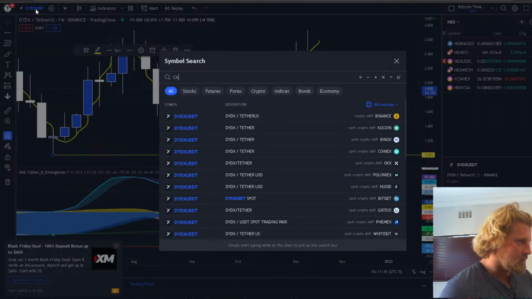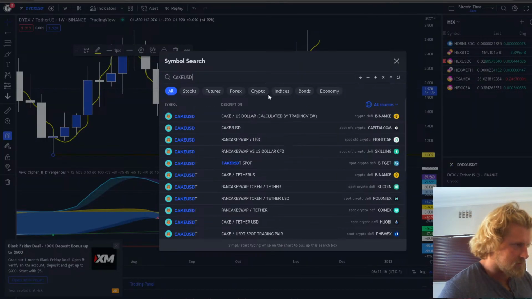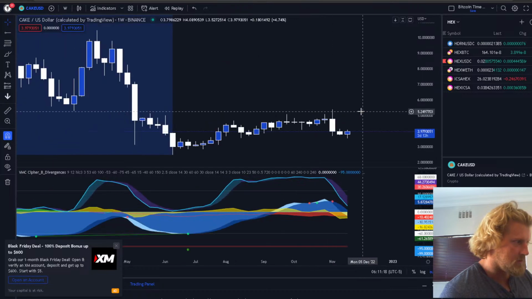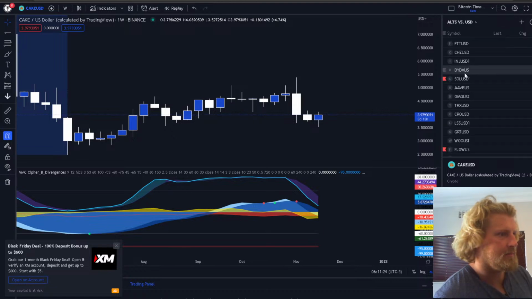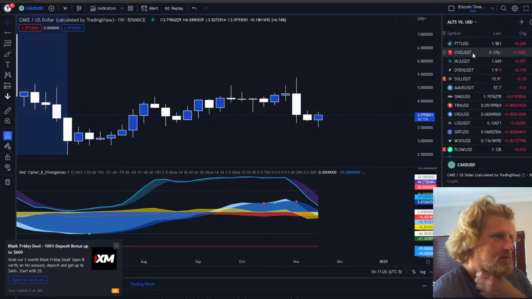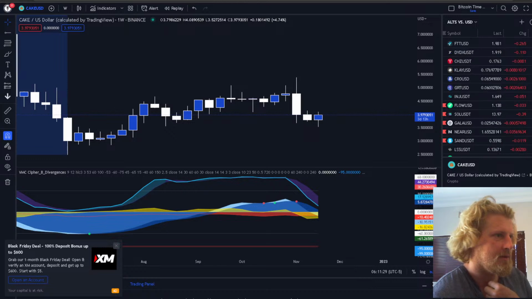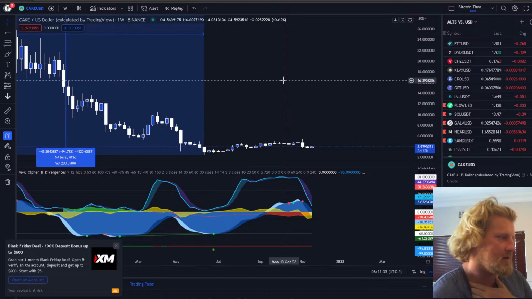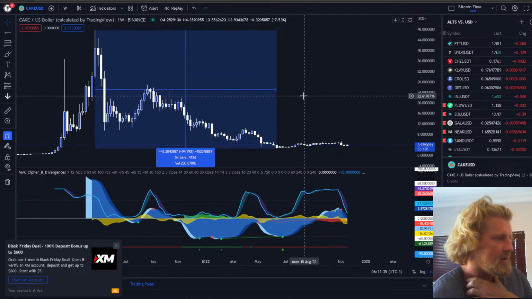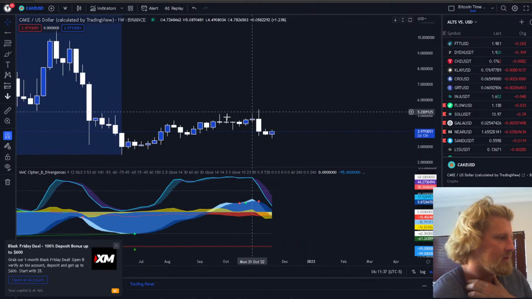PancakeSwap, which trades on, yeah, all of them have not lost their bottoms. Now I'm looking at all different shitcoinery, but either way, this is just trying to prove a point that these decentralized exchanges are the future.